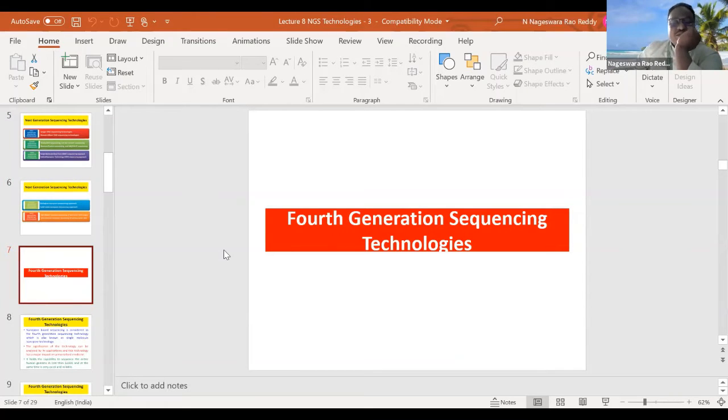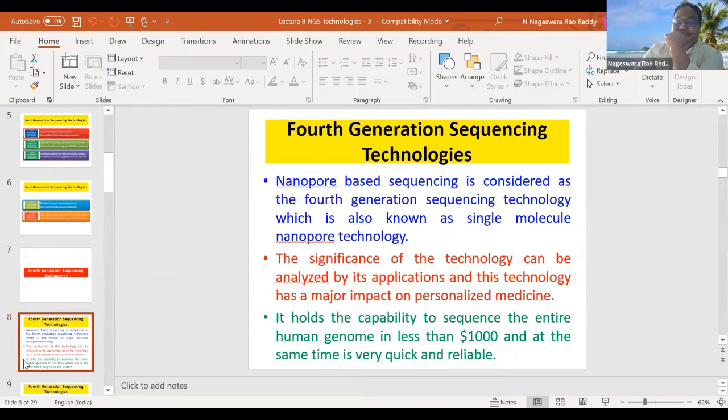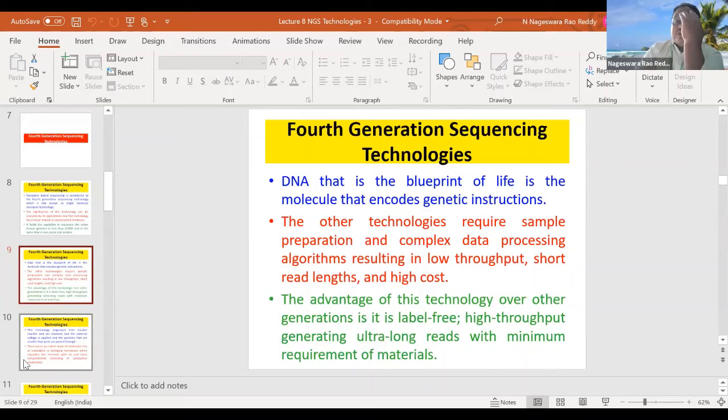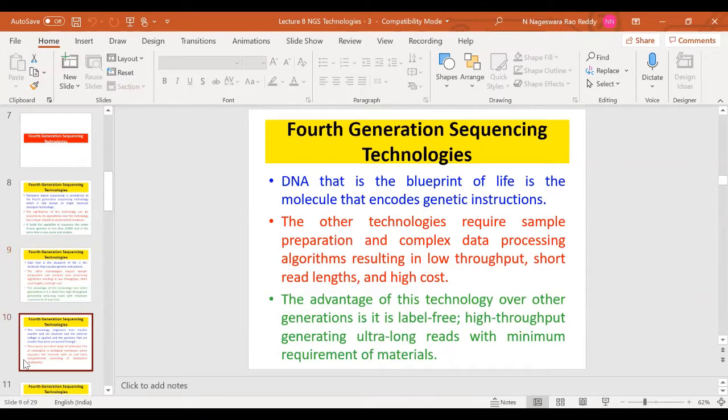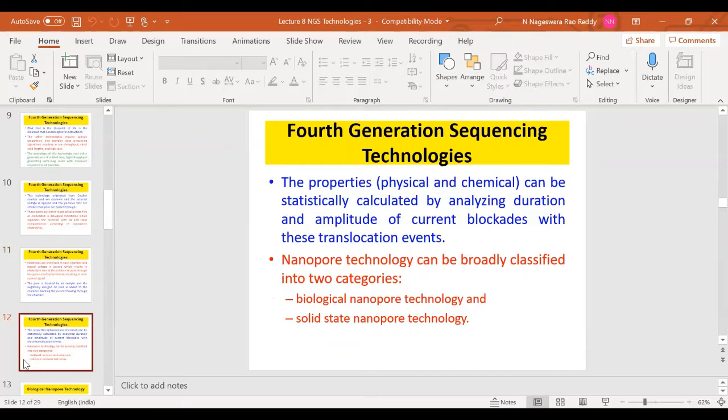Nanopore is present in third generation, sir. Third generation nanopore. We completed third generation, sir. And did we start fourth generation? I think we started fourth generation also. Only some part we did, sir, in the previous class.